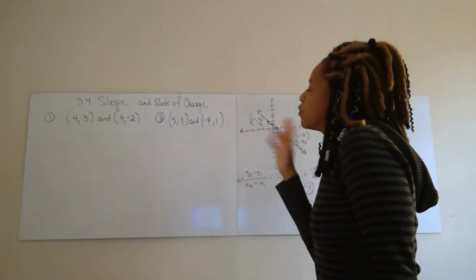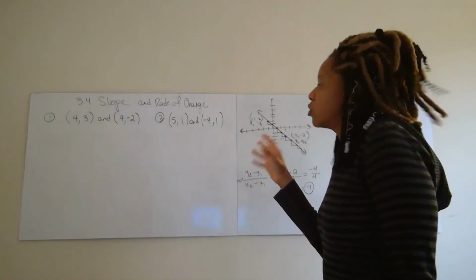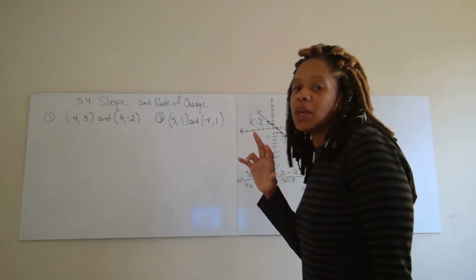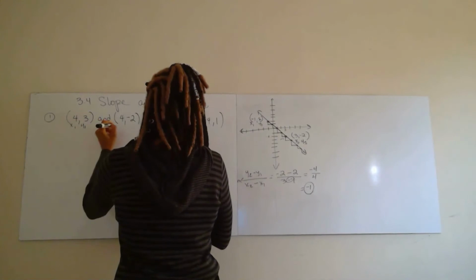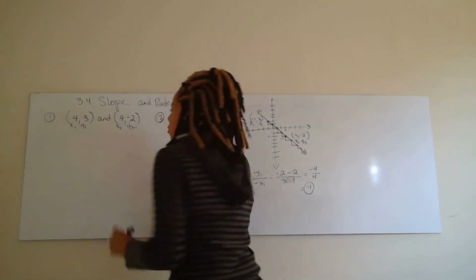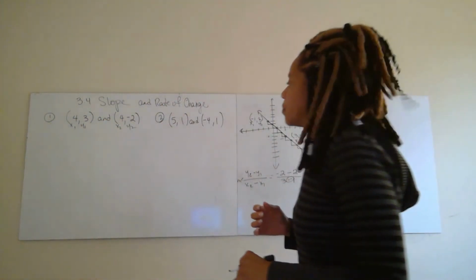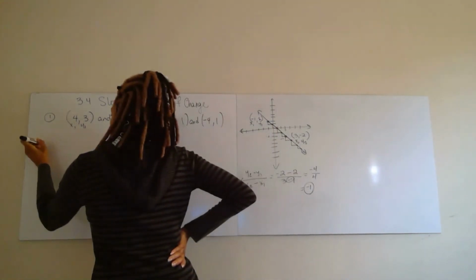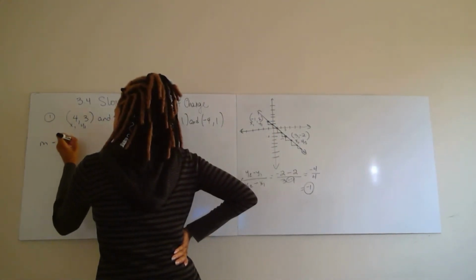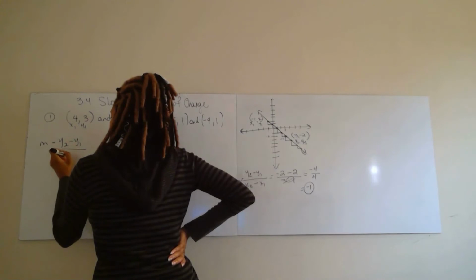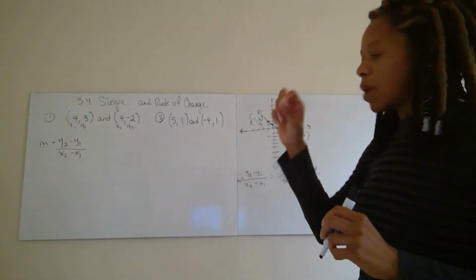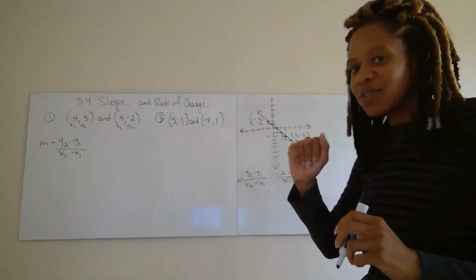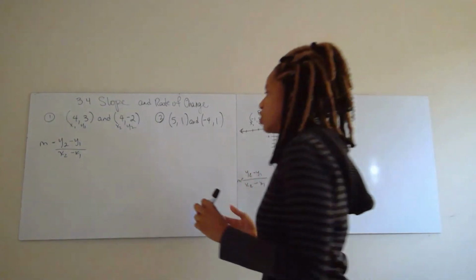All right, so 4,3 and 4,-2. So let's look at what this would be when we plug them into the slope formula. So you should label them. Right, you should label them. And so your slope formula, those are subscripts: y2 minus y1, x2 minus x1, just so you know which is which.